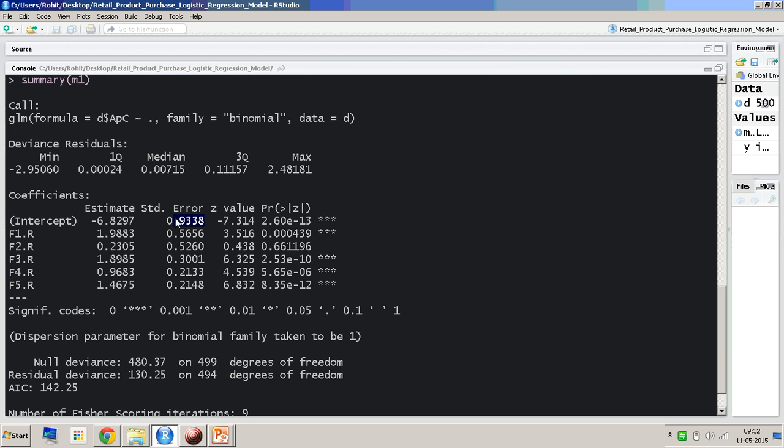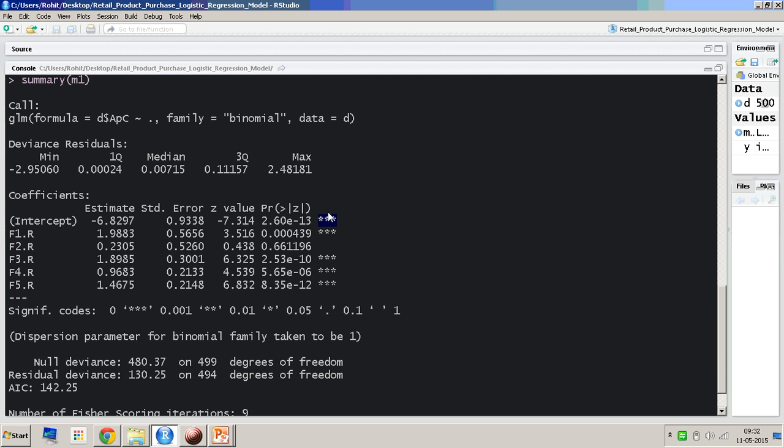Next we see the standard error for this coefficient, and the z values are nothing but the estimate divided by the standard error. Basis this z value we have probabilities on the z scale, or the p values.